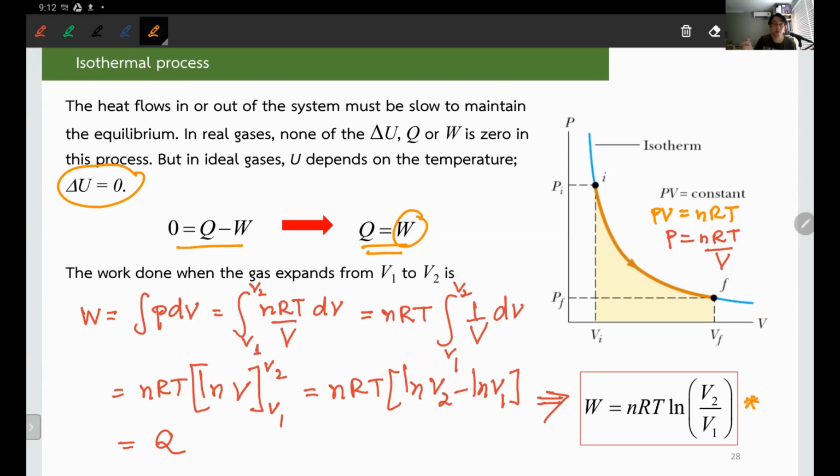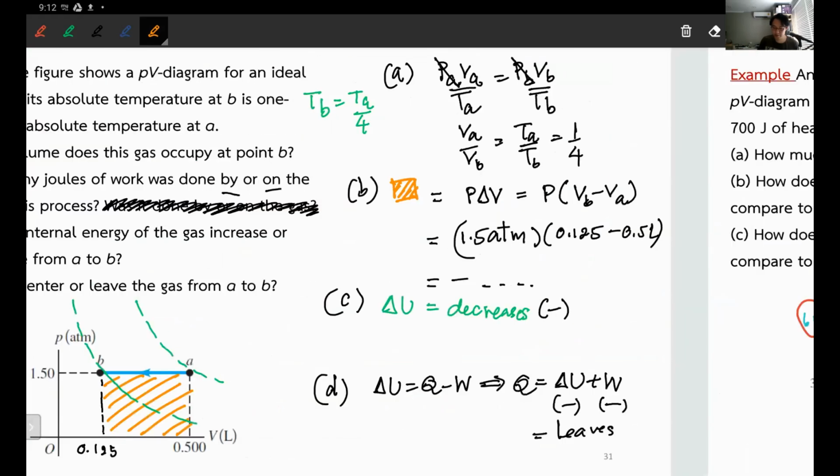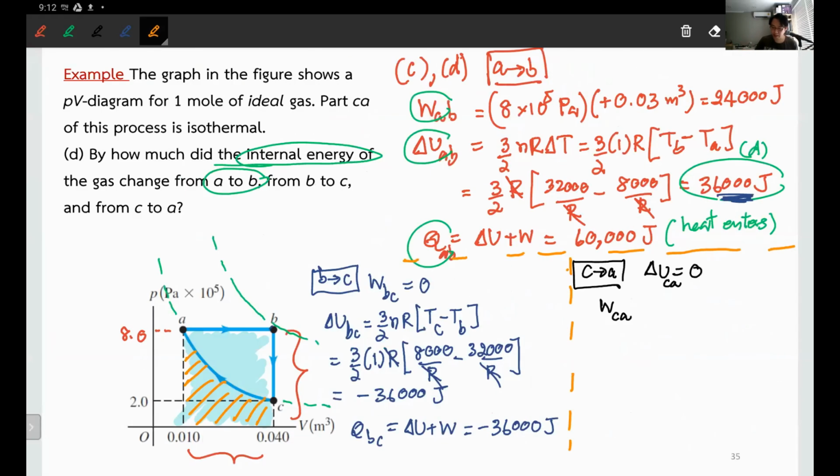This equation will be supplied to you in the exam paper, so if you don't want, you don't even need to memorize it. The work done during an isothermal process is nRT log V final over V initial. Perfect. You don't have to recalculate anything anymore.